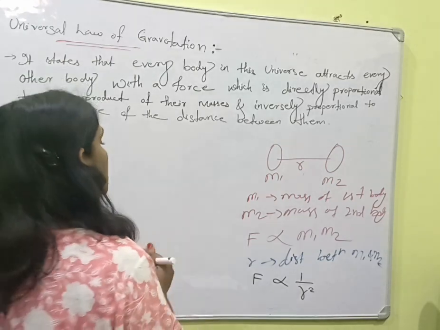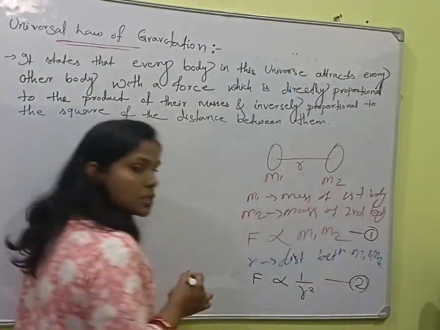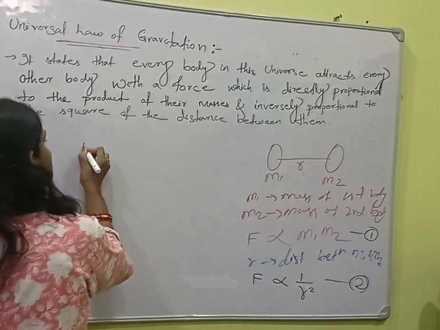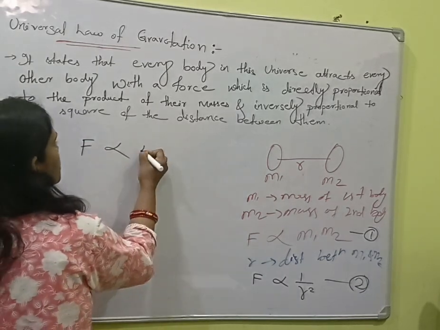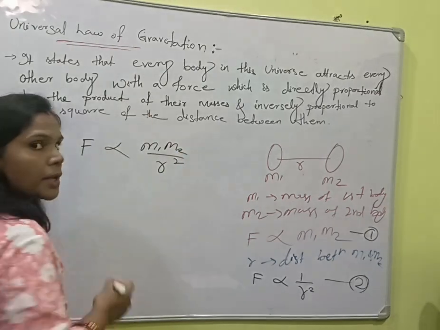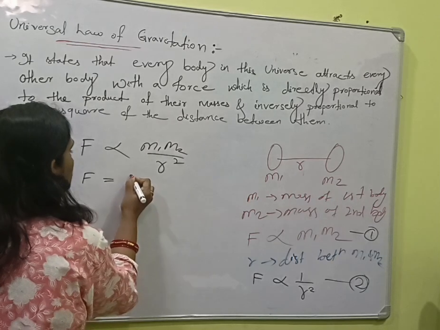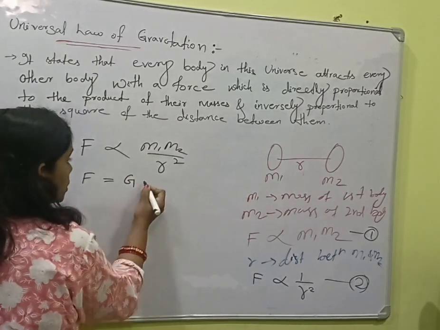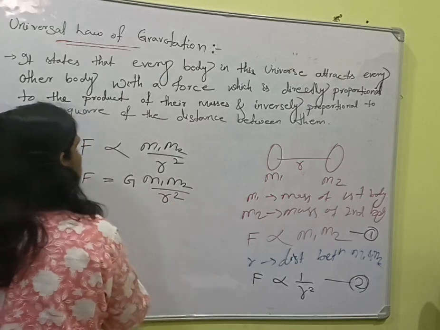Now, if we combine these two equations, let's take this as equation 1 and this as equation 2. Combining them, according to Newton, force is proportional to m1 m2 by r square, and we can write F equals G m1 m2 by r square.